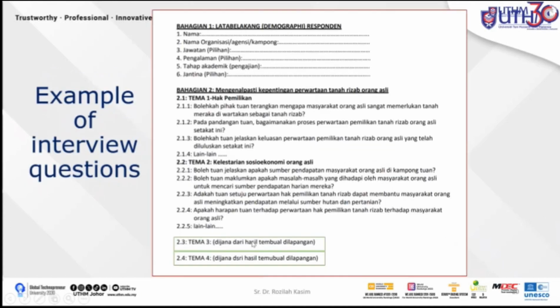And then this is an example of the interview questions form, where part 1 is on the respondent demography, and part 2 is about the themes that they need to measure, which are theme 1 for hak pemilikan, and theme 2 for kelestarian socioeconomy. And if they have any other themes generated from the keywords, they have to add them in.